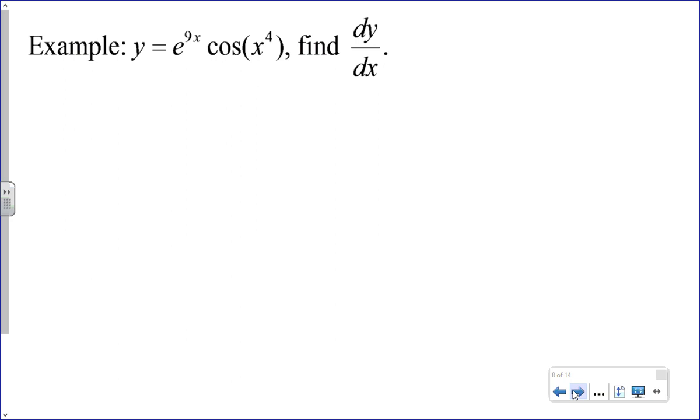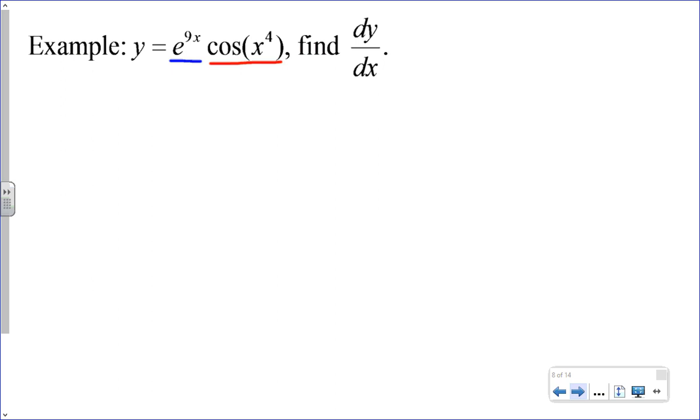Okay, so I'm going to color code things again. It is a chain rule inside of a product rule. So we have function 1 times function 2. We have a product rule where both of them are going to need the chain rule.